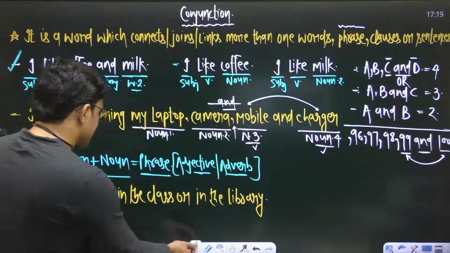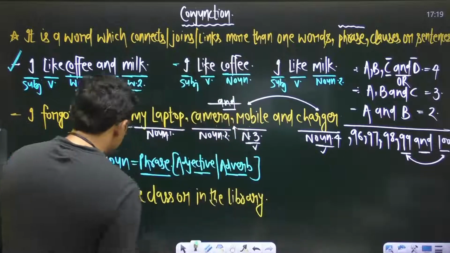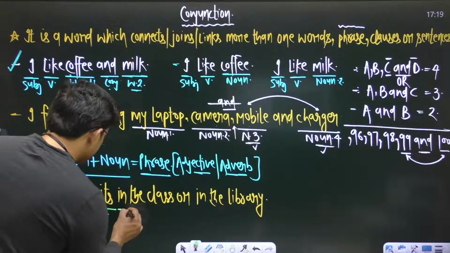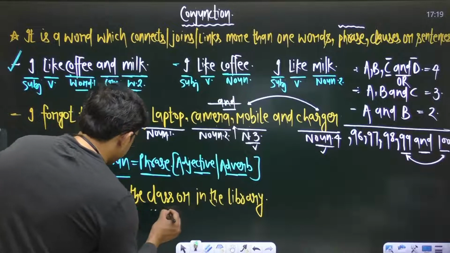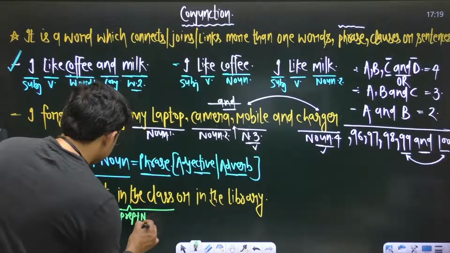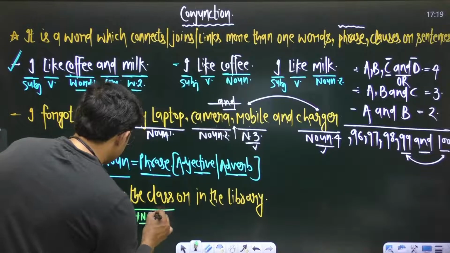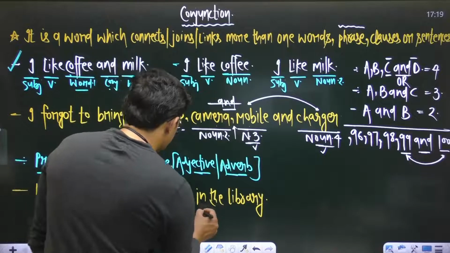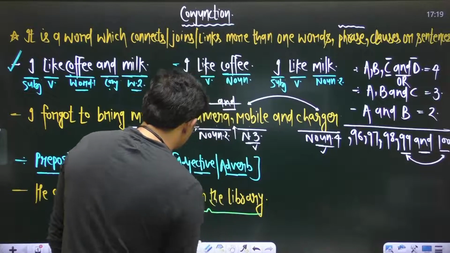So in this sentence, we know it very well. This word sits is a verb, and after this verb, in is a preposition and class is a noun. So preposition in plus noun class, preposition plus noun is equal to phrase, and this one is the first phrase. After that, in is a preposition and library is the noun.